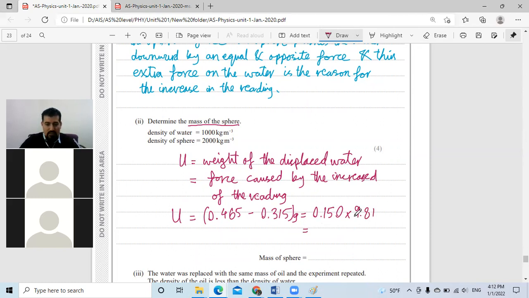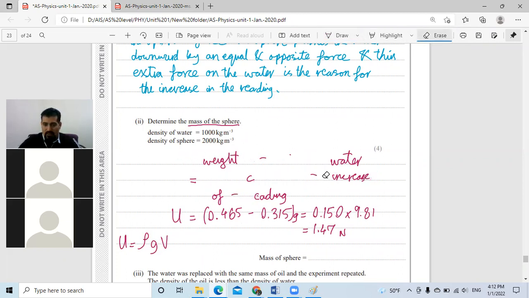The force is 1.47 Newton. Now what we have to know here is that density times gravity times volume is equal to the upthrust. أنا أخذت كثير كتابة هون، خليني أمسح هذا الحكي وأكتب من أول وجديد.